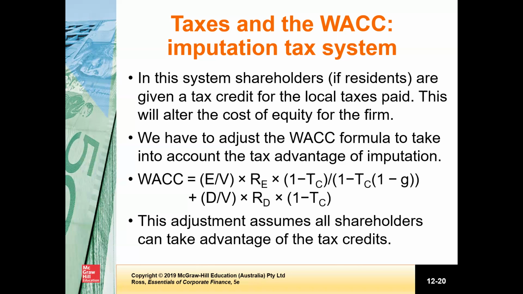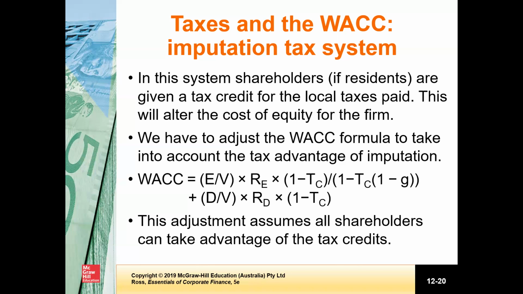As all our capital budgeting examples in Chapter 8 and Chapter 9 are undertaken on an after-tax basis, the simplest way to incorporate the impact of the imputation tax system is to alter the cost of equity to take into account the value of franking credit to the shareholders.